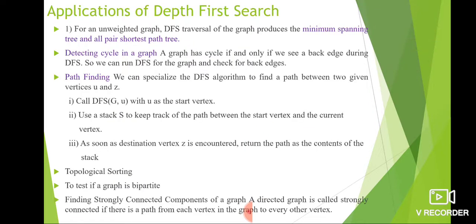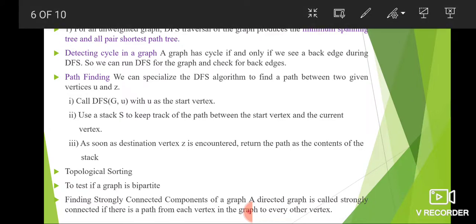Similarly, depth first search also has applications: finding the minimum spanning tree, finding the all pair shortest path tree, detecting a cycle in a graph, path finding, topological sorting, bipartite graph detection, and finding strongly connected components, and so on.